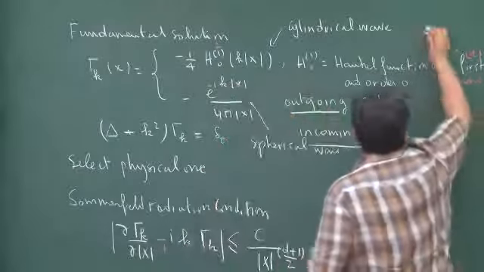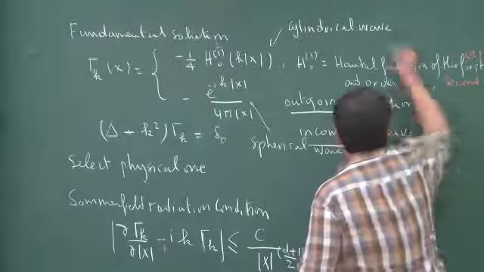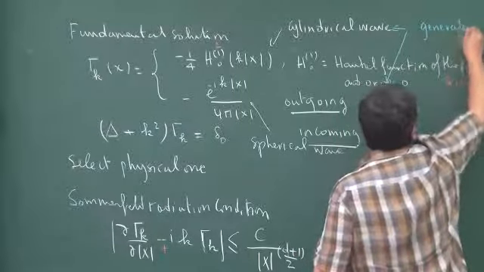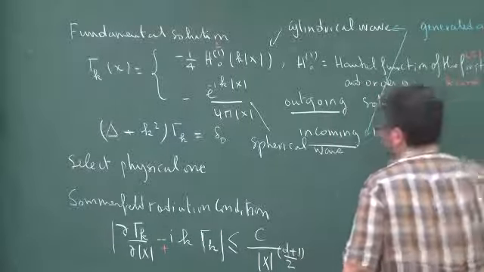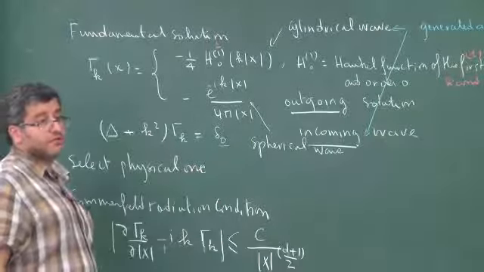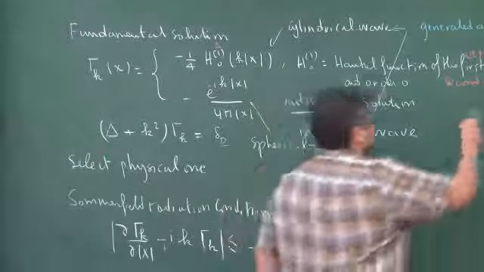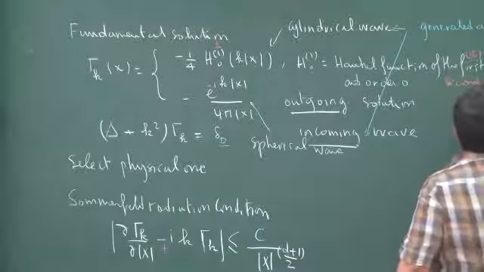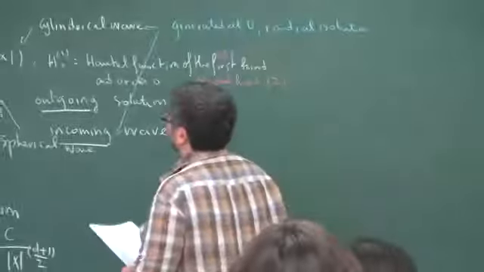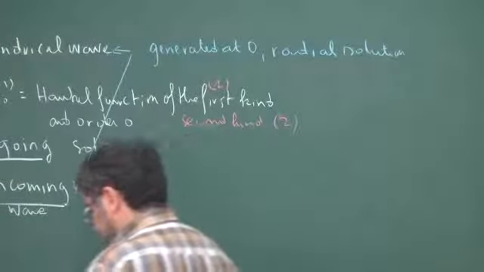These waves are generated at the origin, both of them, because this is a solution to the Dirac mass at 0, and they are radial solutions. That's why they are called cylindrical or spherical waves.